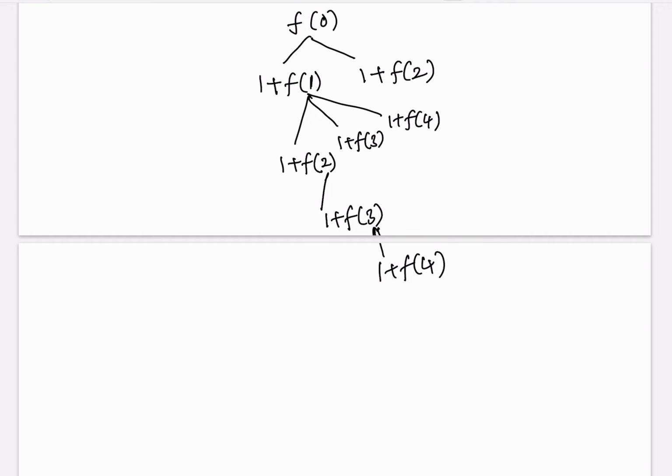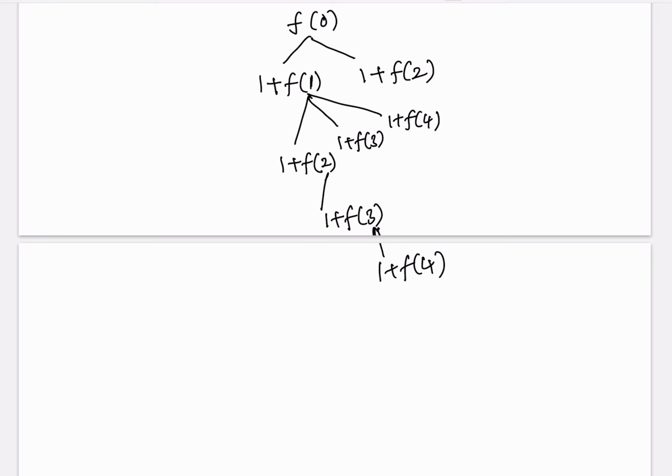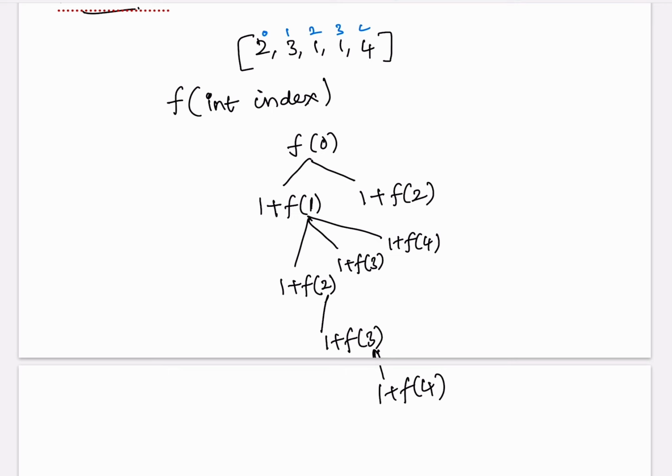This is also calculated once, so it can be reused. So this is how the code works when your index reaches 4, where there is no further jump, because the array is about to go out of bounds.